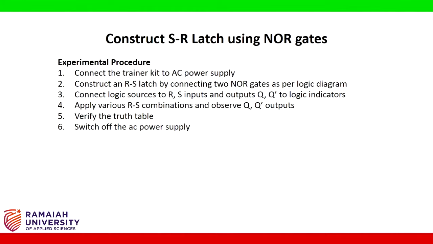Connect logic sources to RS inputs and outputs Q, Q dash to logic indicators. Apply various RS combinations and observe Q, Q dash outputs. Verify the truth table. Switch off the AC power supply.